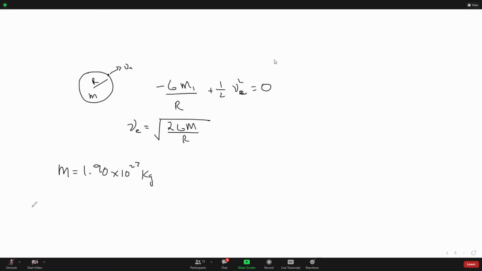The radius of Jupiter, the radius of the planet, not its orbit, is 6.99 times 10 to the 7 meters. Go ahead and calculate what the escape velocity for Jupiter is for me.